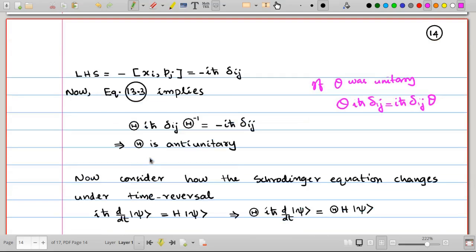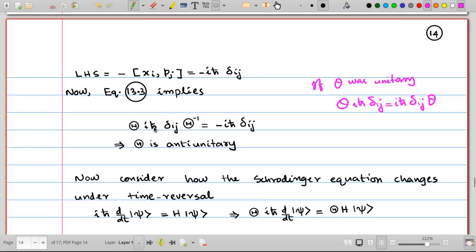Now the other candidate for a symmetry transformation is theta being an anti-unitary operator. Now if theta is an anti-unitary operator, then theta i h bar is simply minus i h bar theta, and delta ij is real, and therefore this theta can be taken to the right side.